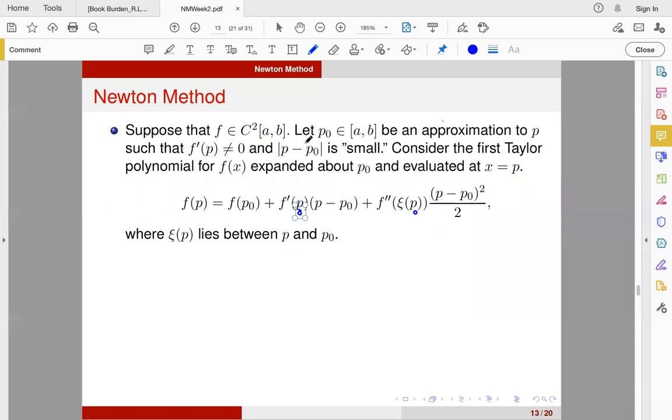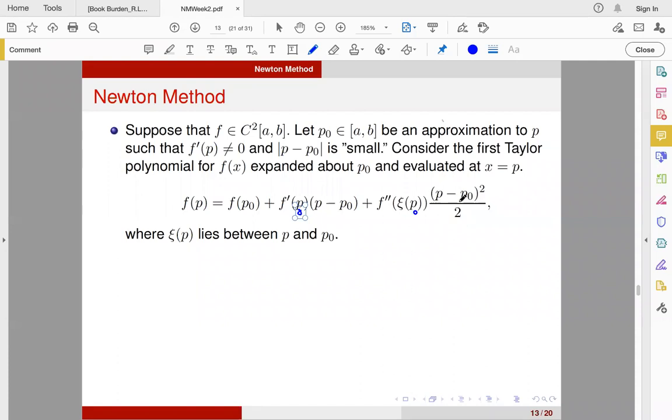Because we choose the value of p0 close to p, the distance is really, really small. Therefore, the small value squared will become smaller. Consider p minus p0 is 0.1, for example. If you square 0.1, the result will be 0.001, right?